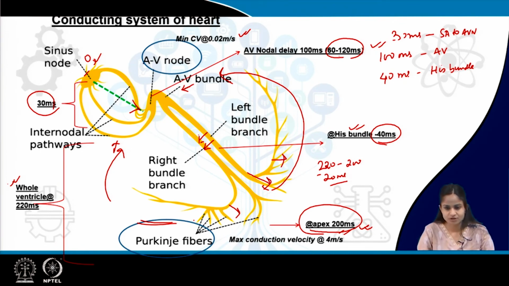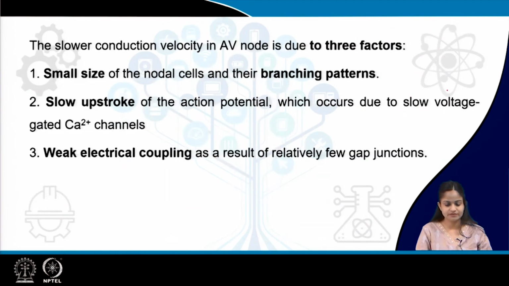The apex of the ventricles is at 200 milliseconds, and the whole ventricular depolarization takes place at 220 milliseconds. The rest is repolarization. We already know the cardiac action potential ranges between 250 to 300 milliseconds. So, this is all about the conducting system of the heart and the time intervals, which are also important.